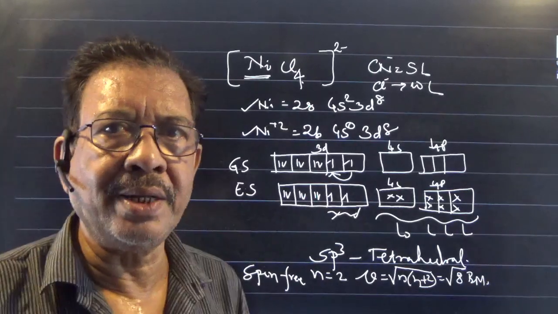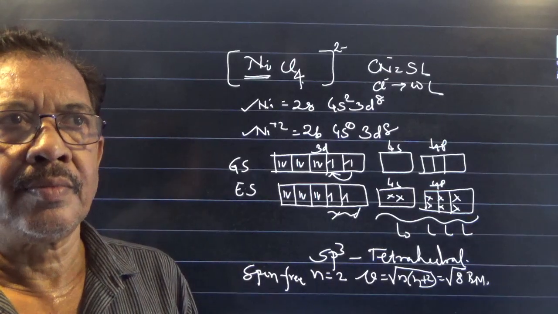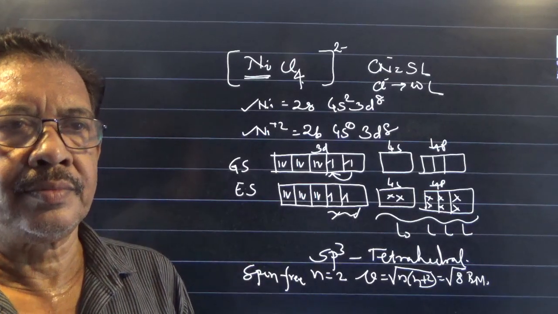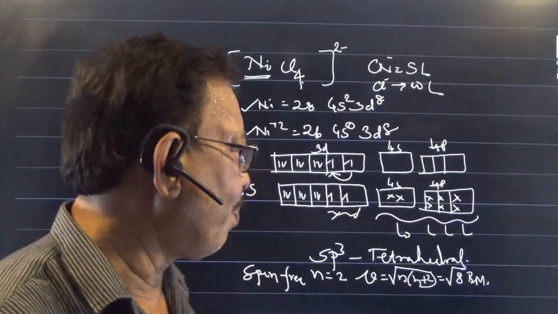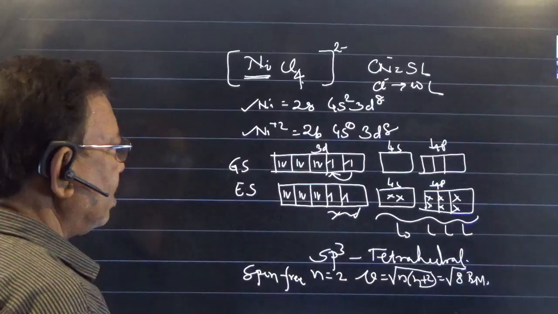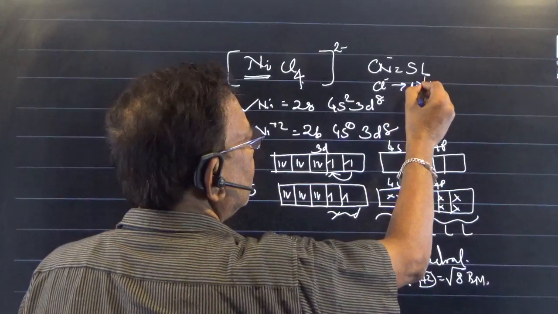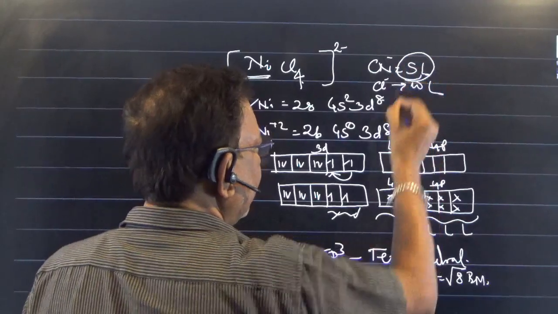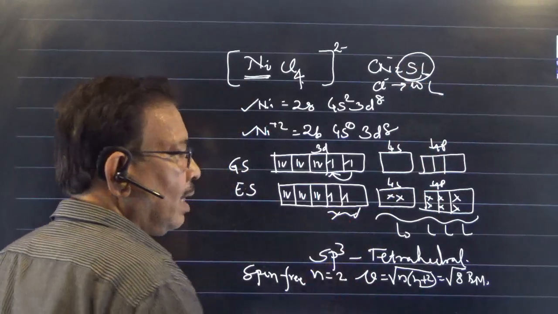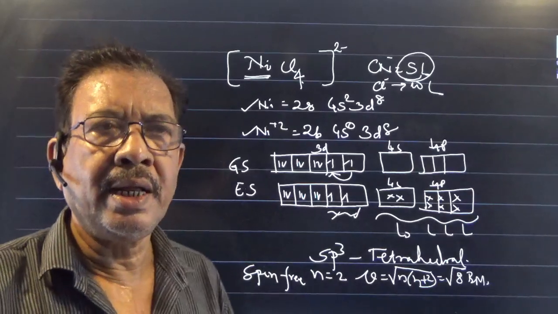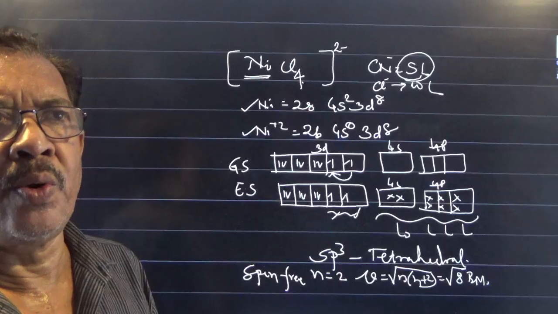We'll go to the next page. Yes, sir. Just remember one important point: for a stronger ligand, the electrons pair up against Hund's rule of multiplicity, as I have taught in Ni(NH3)4 and Ni(CN)4.